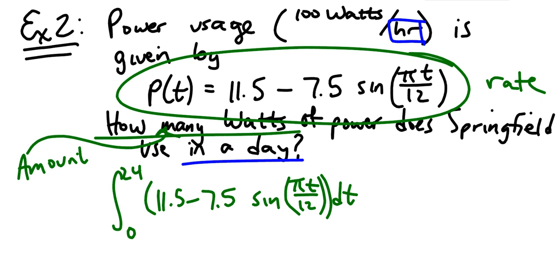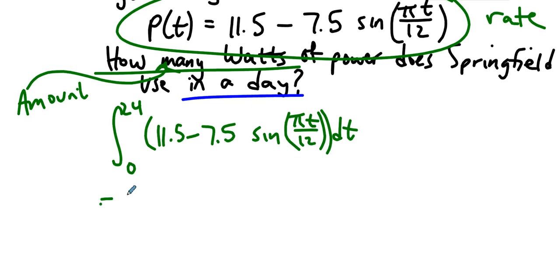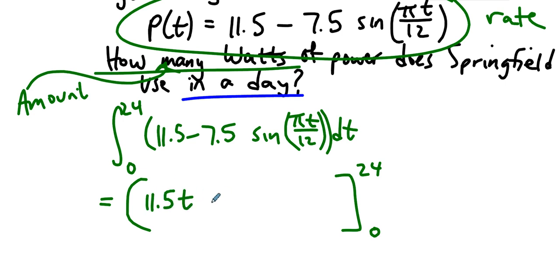So then how does this go? Well, we take some antiderivative, plug in 24, plug in 0, and subtract. Antiderivative here is pretty straightforward. Antiderivative here is a little bit tricky. I have to ask you to trust me on this one because we haven't talked about the thing that needs to be done to do this.